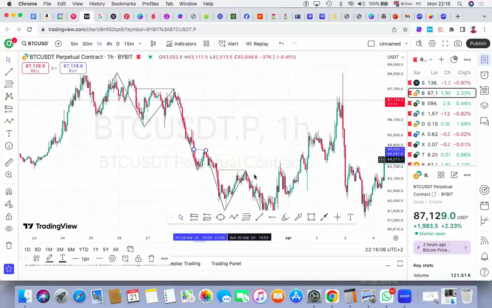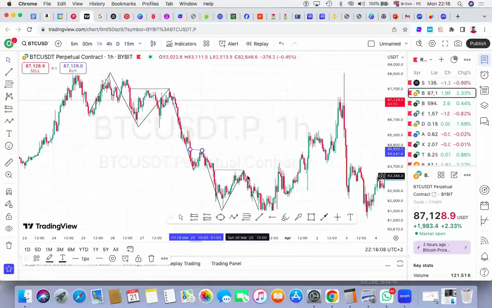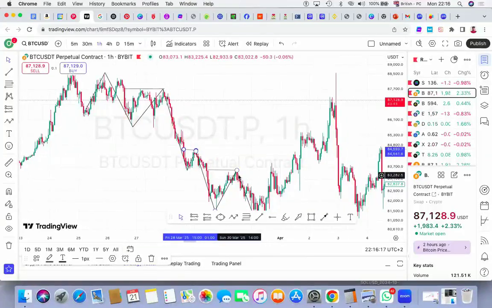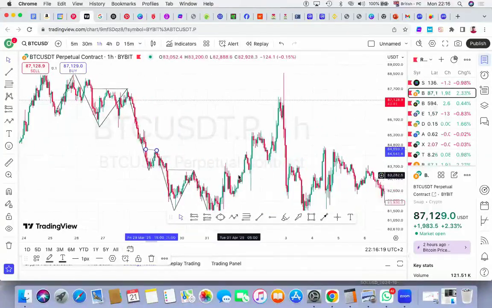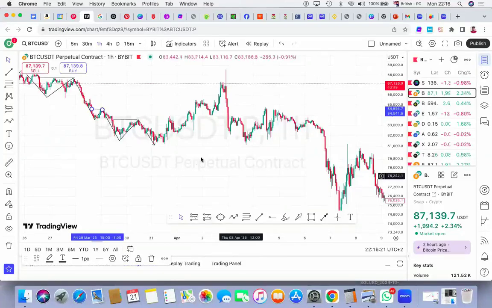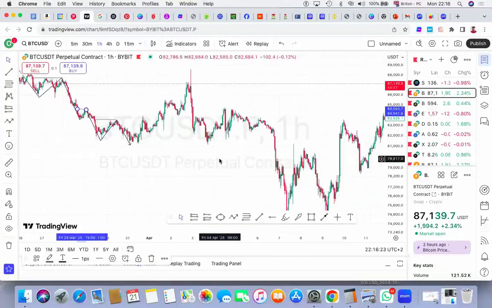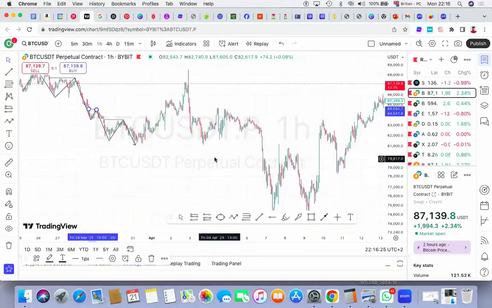This is the amount of money I'm going to make. So now, break of structure, we made the bullish example, and now this is the bearish scenario example.